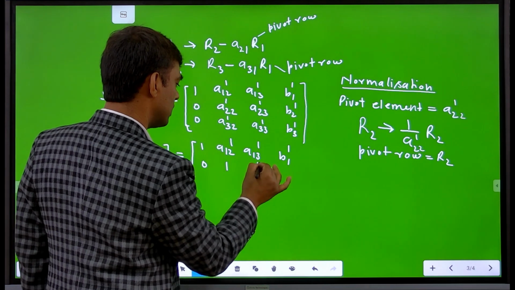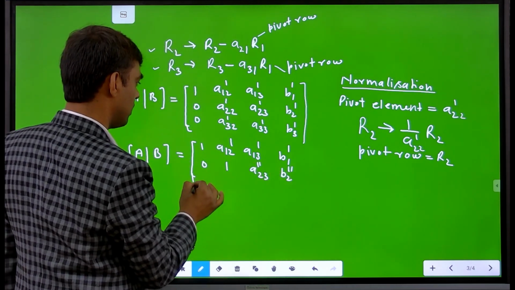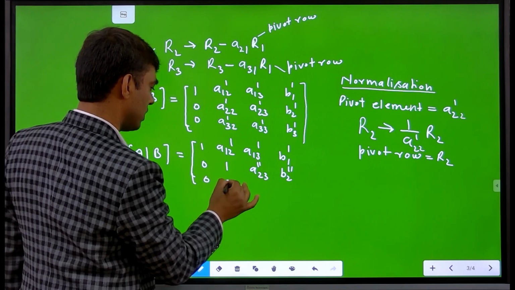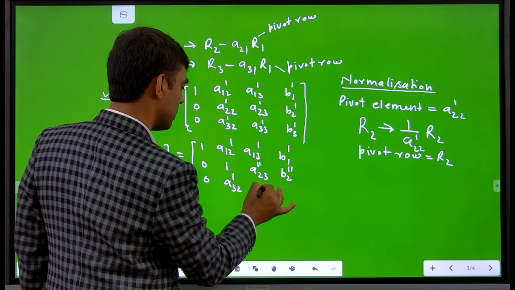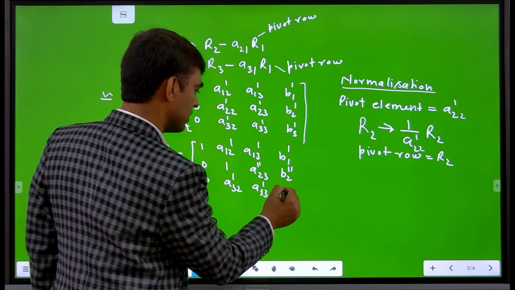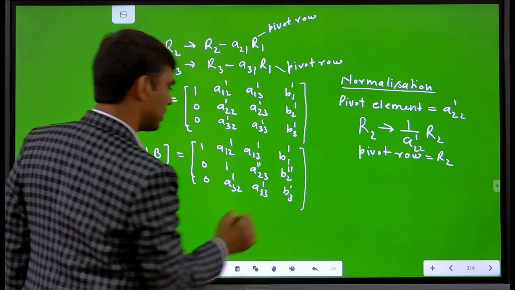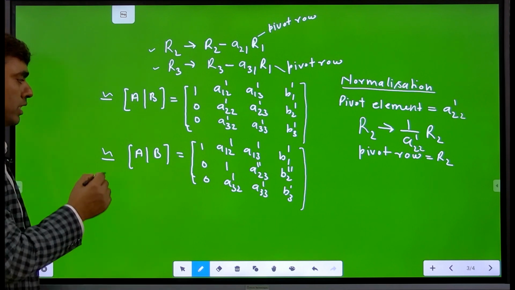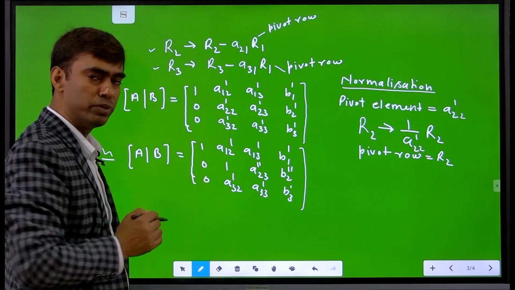So A23 double dash, V2 double dash, and this one is 0, A32 dash, A33 double dash, and this one is V3 dash. This is the augmented matrix after normalization of the second equation.